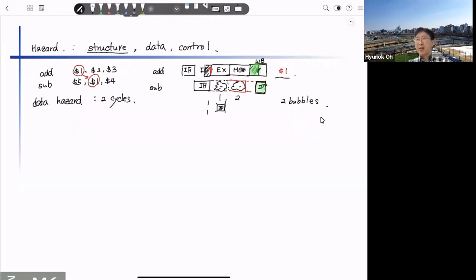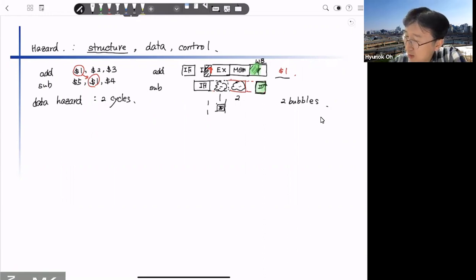But when is the addition result available, at which pipeline stage? After execution, we know the result, but the result is not written to the register yet. But anyway, we know the result, right?